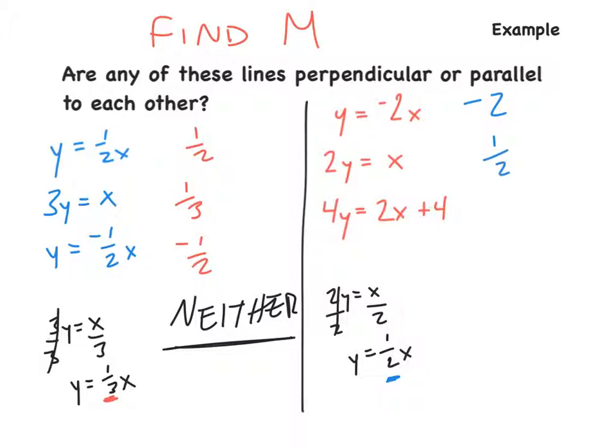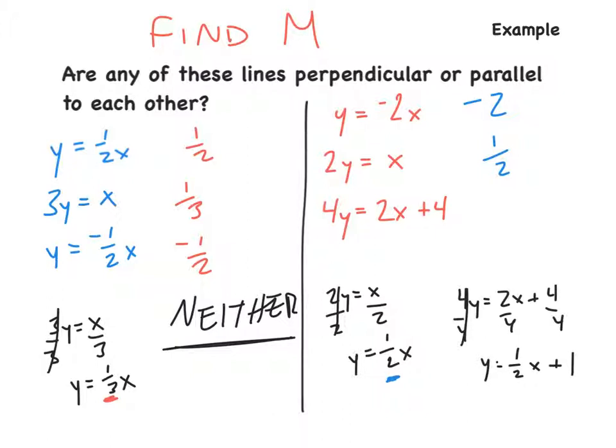Now we have this third one. It's going to take a little bit of work. So if we have 4y is equal to 2x plus 4, you have to divide everything by 4. So y is equal to 1/2 x plus 1.